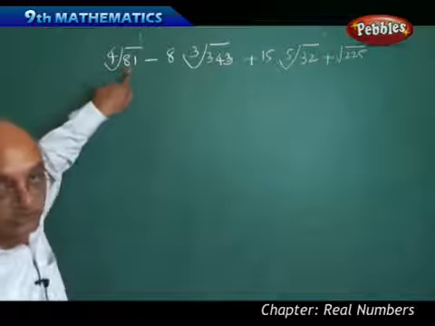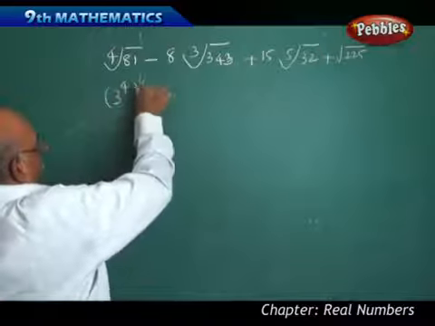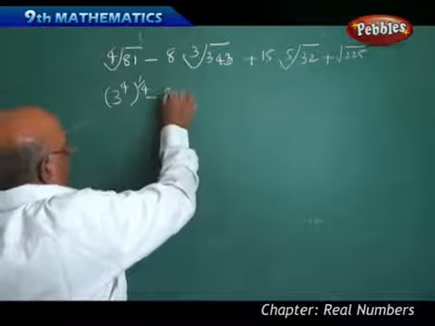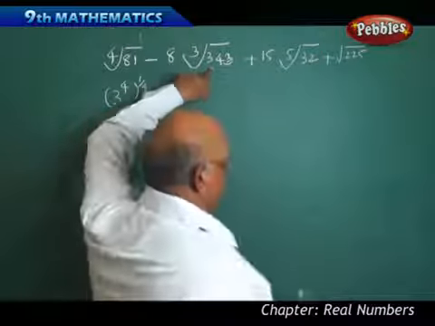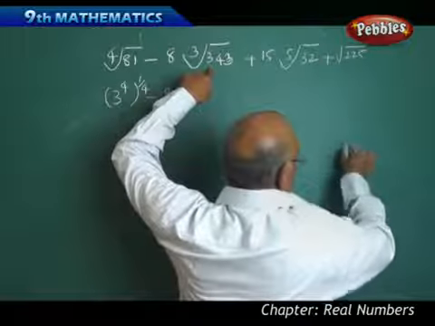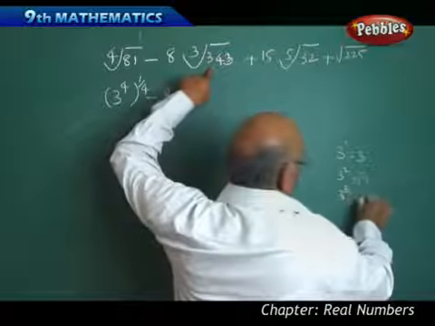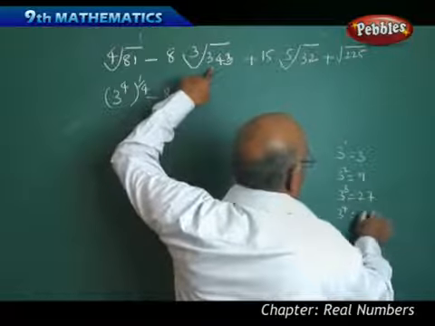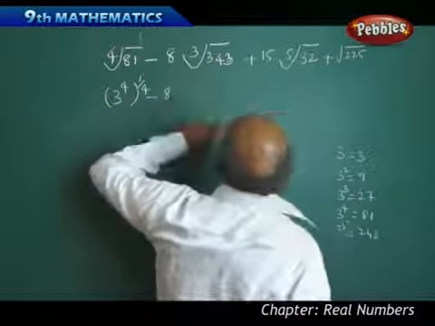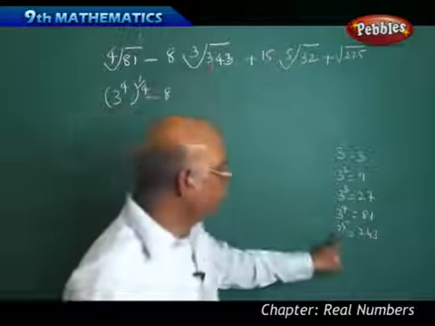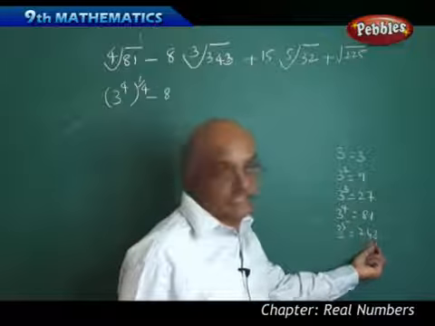81 is 3 to the power of 4. Therefore, this you can write as 3 to the power of 4 whole to the power of 1 by 4, minus 8 into the cube root of 343. Suppose if I take like this, 3 to the power of 1 is 3, 3 square is 9, 3 cube is 27, 3 to the power of 4 is 81, 3 to the power of 5 is 243, 3 to the power of 6 is 729.